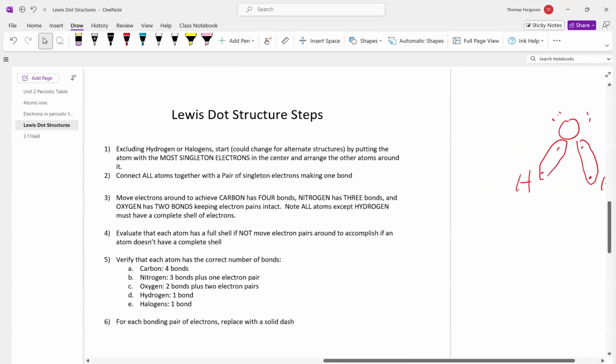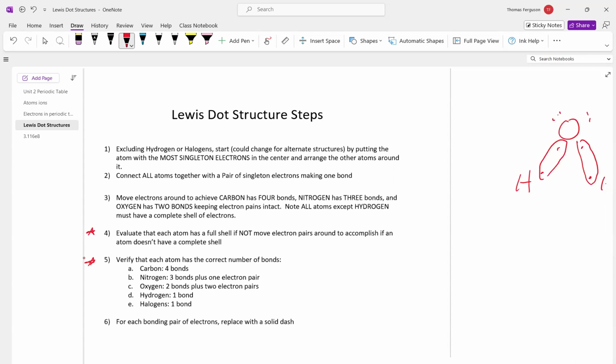Verify that each atom has a correct number of bonds. Carbon's 4, nitrogen's 3, oxygen's 2, the halogens are 1, hydrogen's 1. Okay. If 4 and 5 are met, it's a legal Lewis structure.